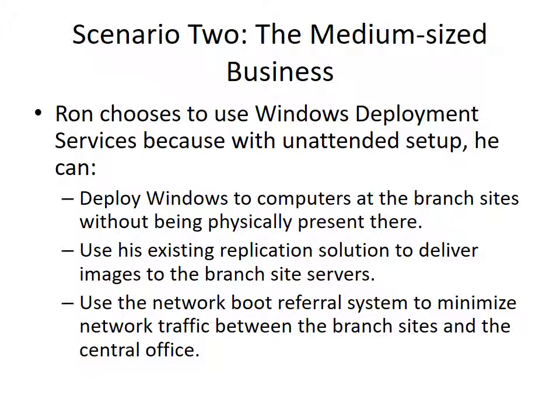Then he has it set up so that when a client requests the network boot file, it gets referred instead to the branch office, depending upon where the client is physically located. From there, the computer will download the boot image and the install image from the WDS server at each branch site, rather than getting it from the main office, thus making it a little bit faster, or quite a bit faster.